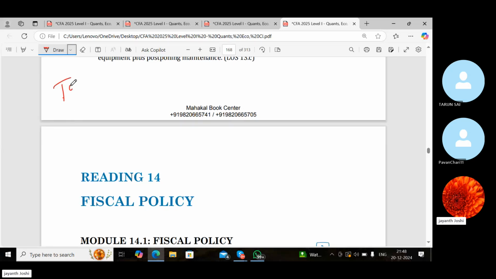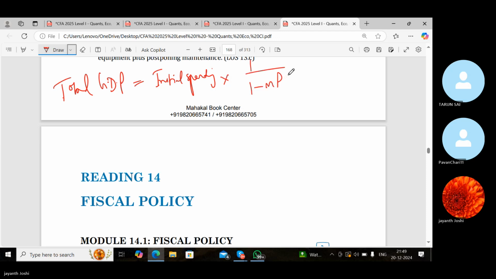Okay. So total GDP change, if I take a formula, is equal to initial spending times 1 by 1 minus marginal propensity to consume.